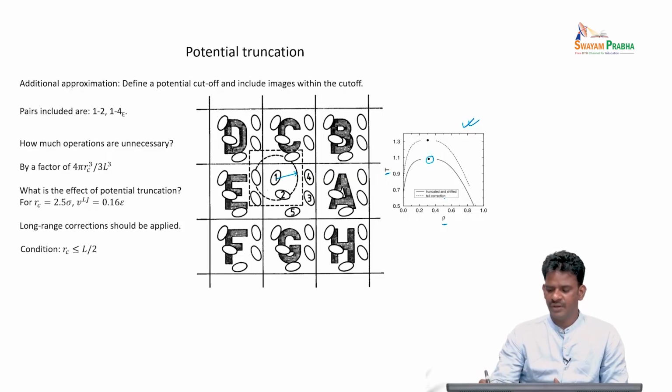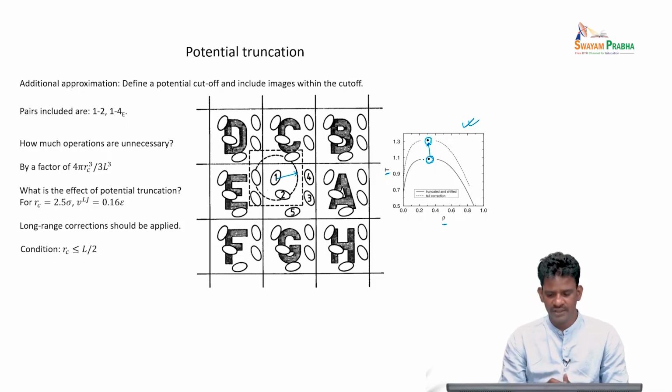But when you correct for this truncation by adding what is called the tail correction, the critical point is actually right here, which is more realistic and more accurate than this one. So if you do a potential truncation and do not correct for it, we often underestimate the critical point in this particular case.